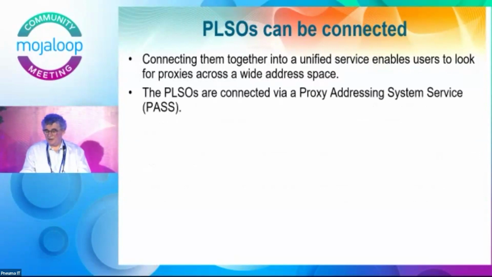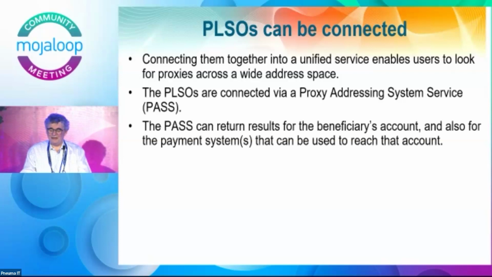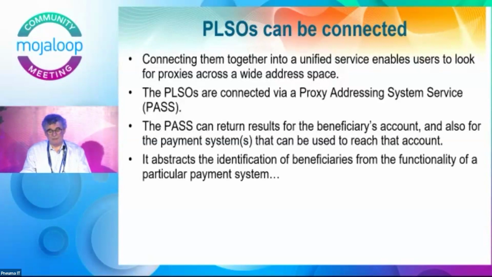They're connected via a thing that we call a proxy addressing system service, PAS. And that can return results for the beneficiary's account and also for the payment systems that can be used to reach that account. Now, the PLSO typically will contain information about the payment systems that it works for. So now we can get back information for the different payment systems that can be used to reach that account.